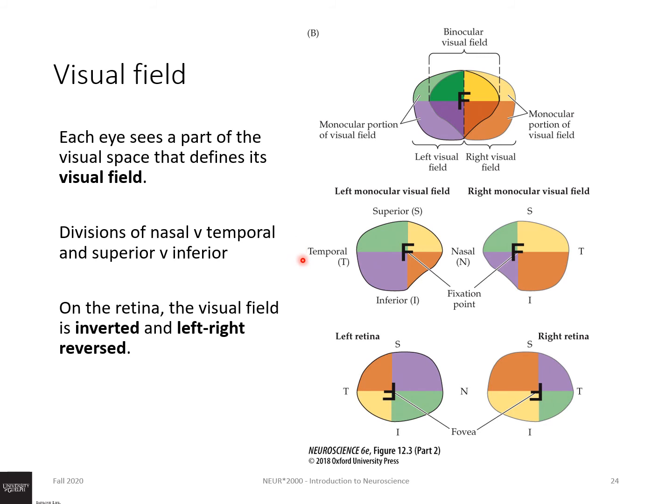So if you think about the temporal lobe being the most lateral part of the brain, this is the temporal portion or division of the visual field. And then you've got superior, so above, and inferior, so below. Now, on the retina, and that's what these images are down here, the visual field is inverted, so upside down, and left-right reversed.